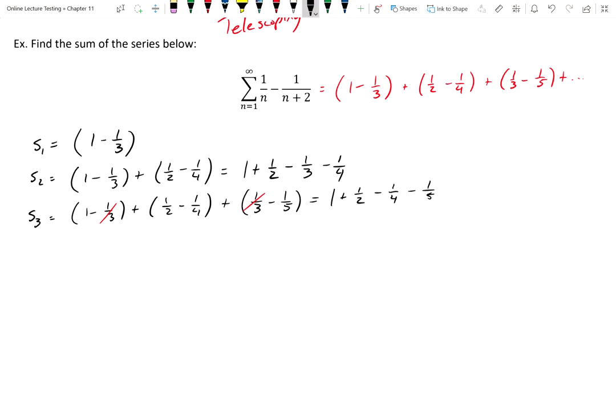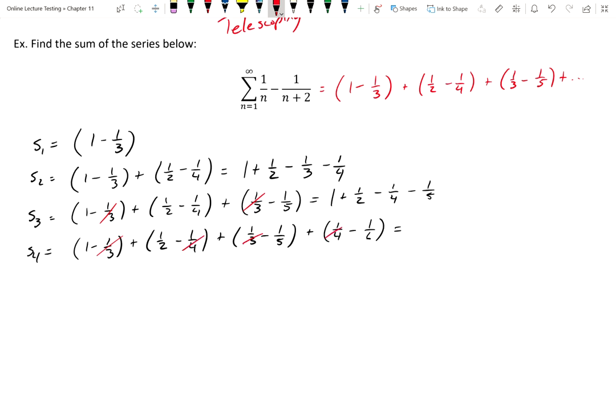Okay? S of 4. Well, this is going to leave us 1 minus 1/3 plus 1/2 minus 1/4 plus 1/3 minus 1/5 plus 1/4 minus 1/6. Well, look what happens there. The thirds cancel each other out.